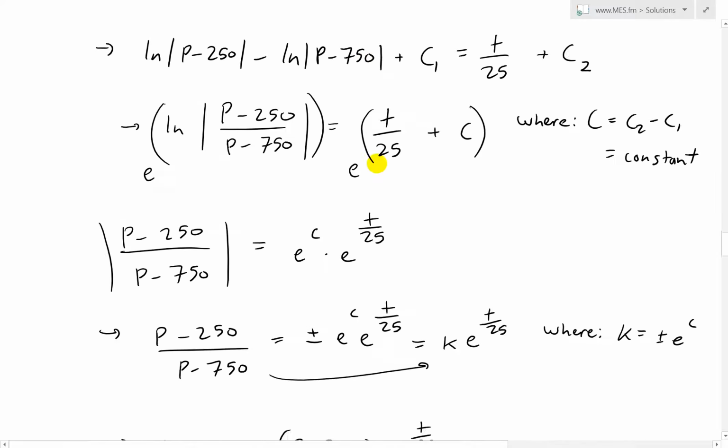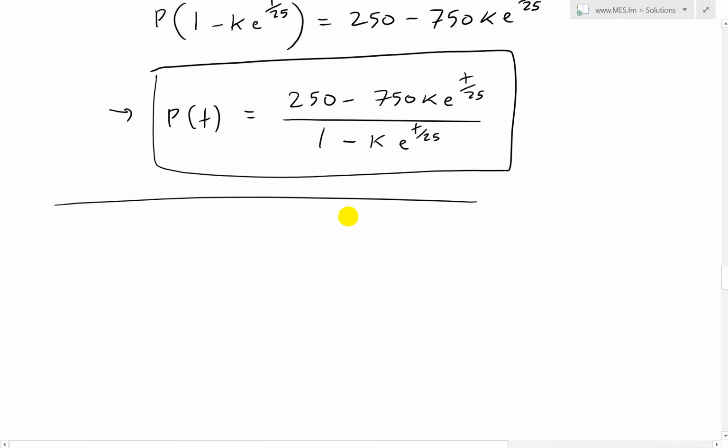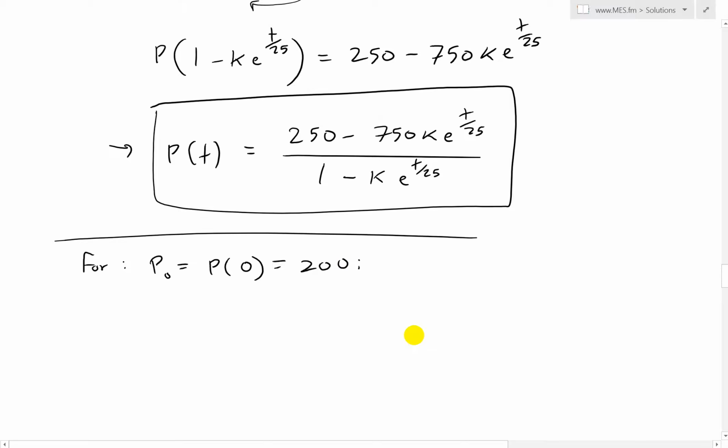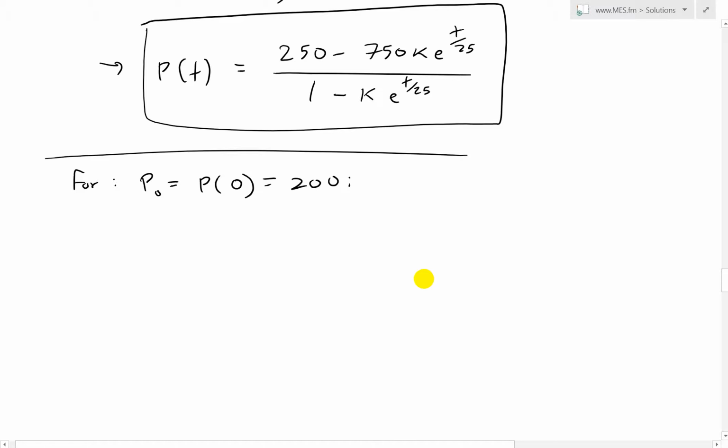So initial population 200, let's do that. For initial population P0, P at time t equals 0 equals 200, the idea is to solve for k, and then we can have a solution for that specific initial population.